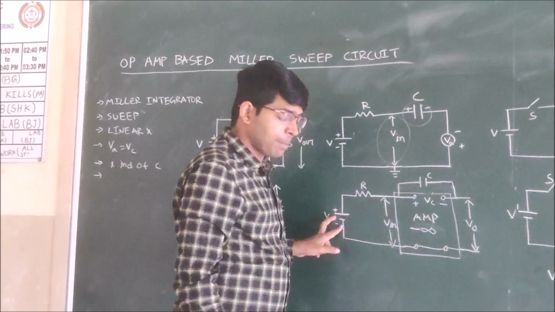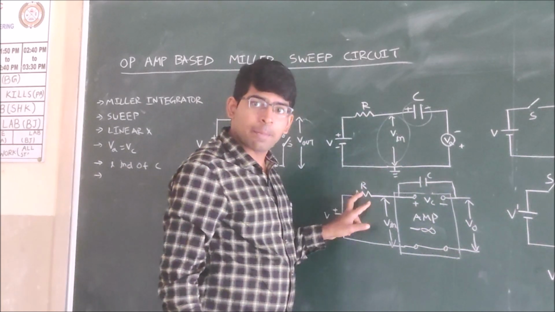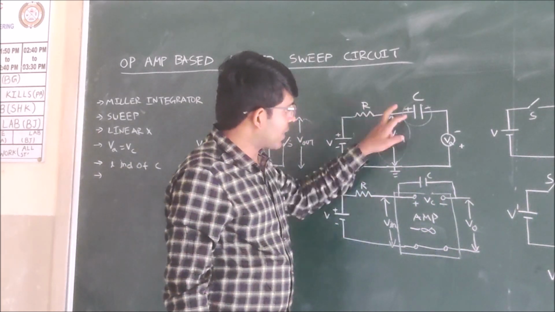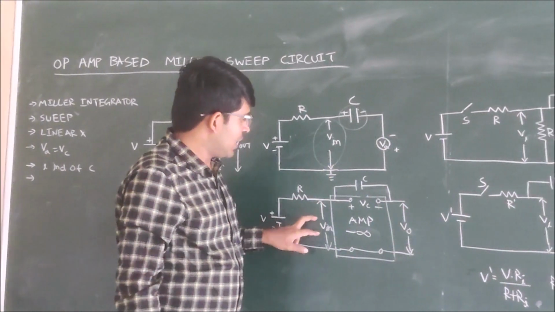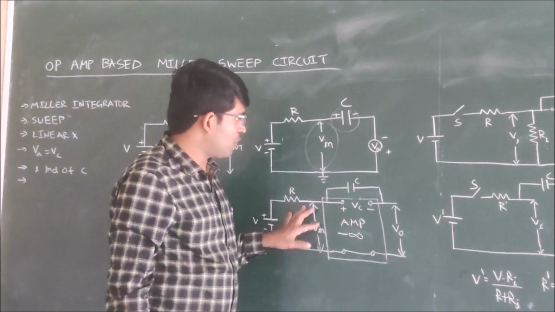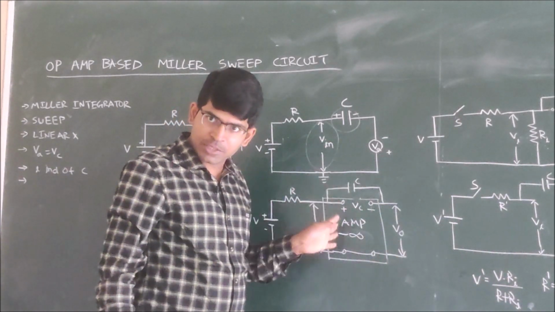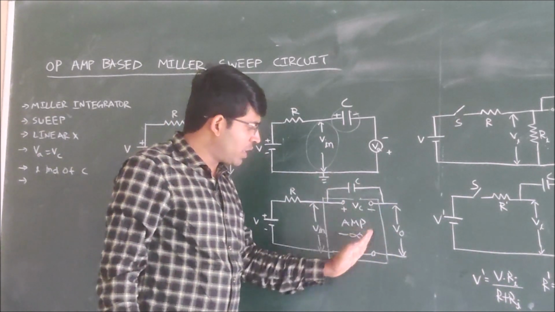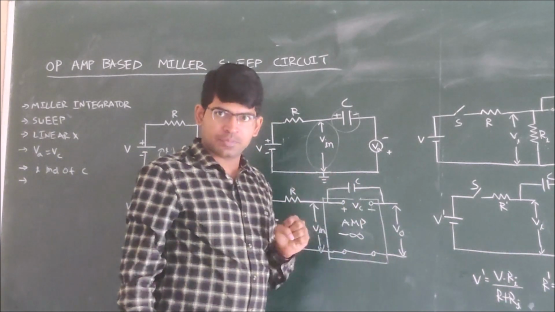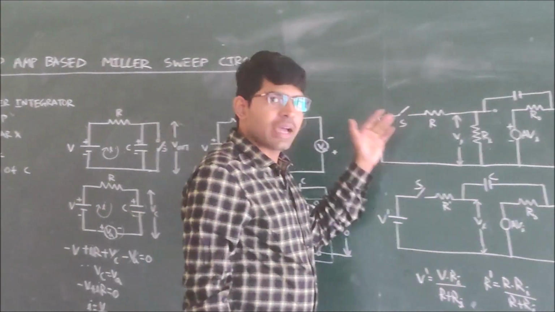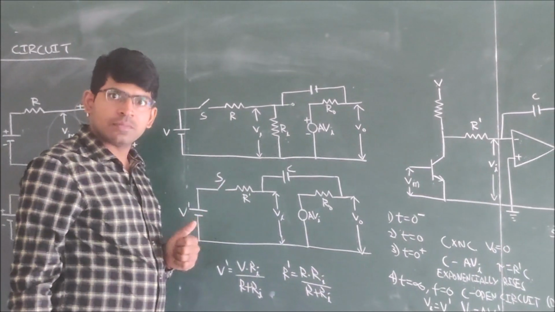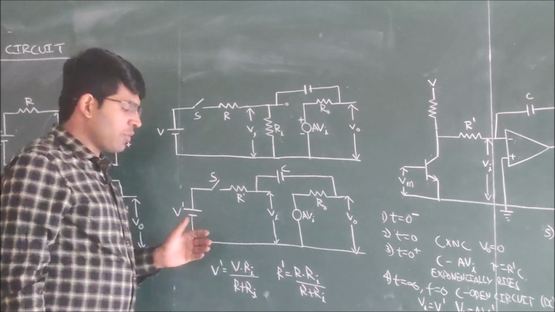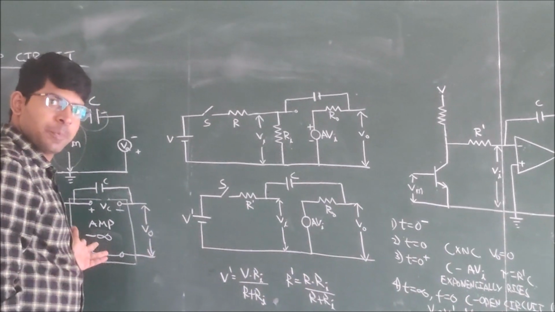Here V is the same, R is the same and the capacitor is the same. In place of V in and V naught, we are representing them the same way, but we have added the amplifier.